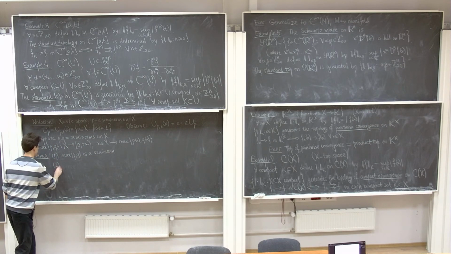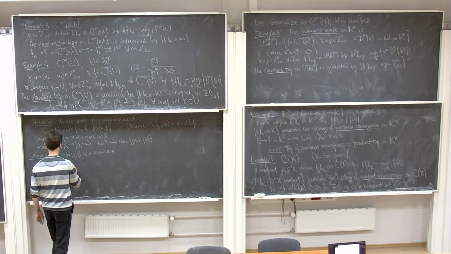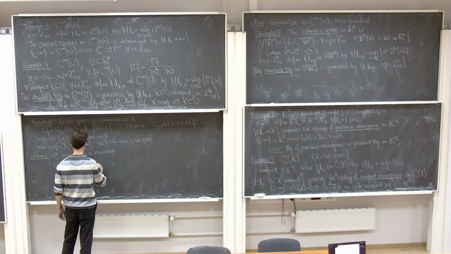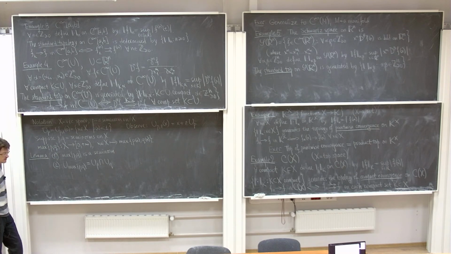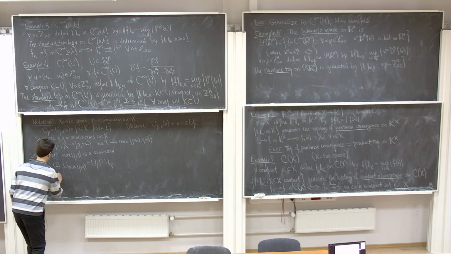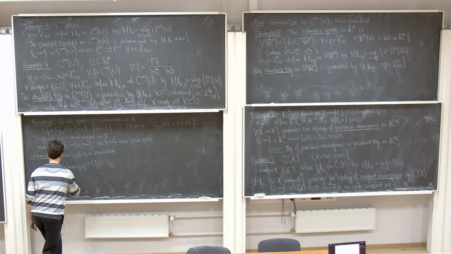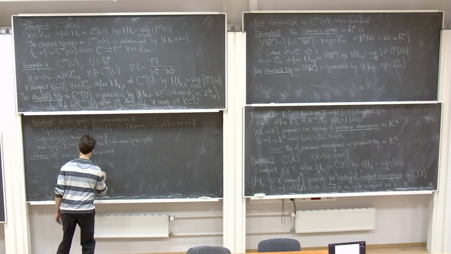Second, the open unit ball corresponding to this maximum seminorm is the intersection of UP and UQ. And part 3, we have the following equivalence. Q is less than or equal to P if and only if UP is contained in UQ.